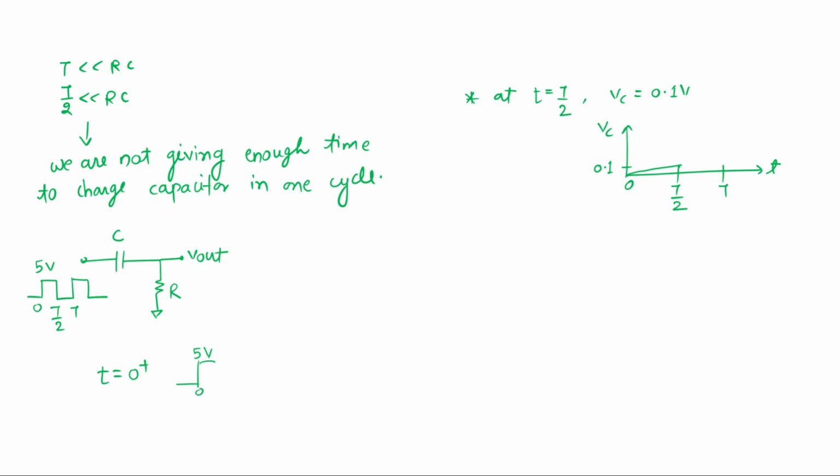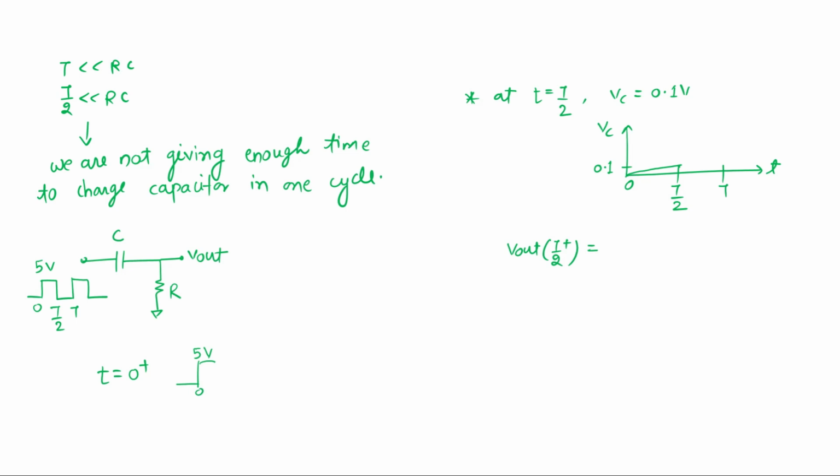Okay, so after 0.1 volt, what happened? We will see that at T/2 it reached 0.1 volt. So what is my V out? I am directly going to T/2 because I'm not going to repeat the same process that happened at T equal to 0 positive, then T naught, T1. This we have already discussed.